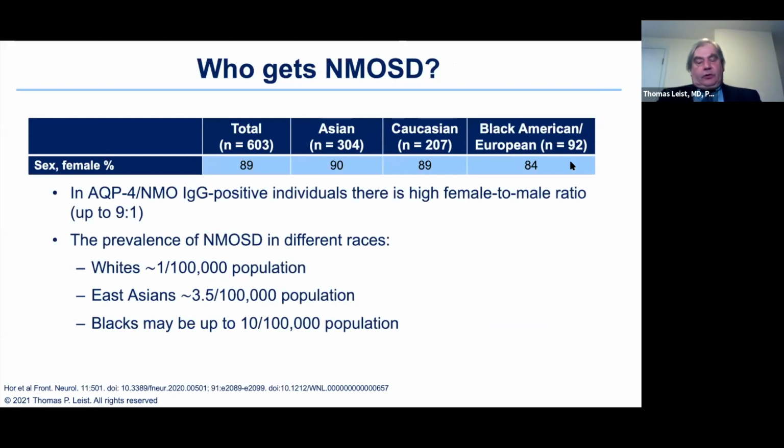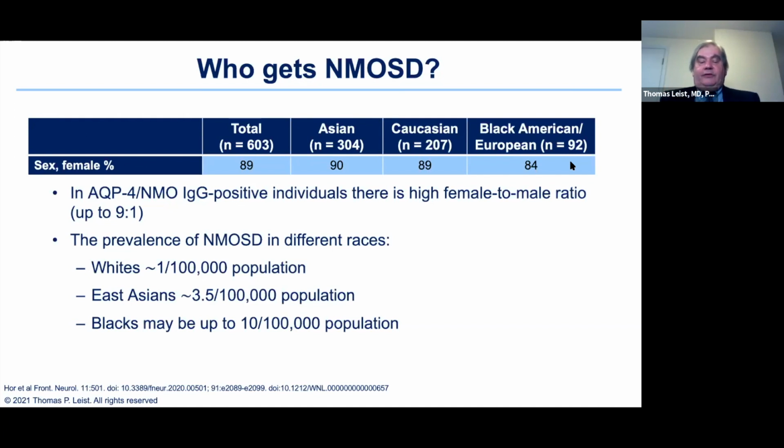So who gets neuromyelitis optica? Neuromyelitis optica spectrum disease is really a global disease. It affects all races. You see over here a survey among many centers showed that cases are observed both in whites, in Caucasians, and in Black Americans, and that about 9 out of 10 of the individuals with neuromyelitis optica are women.